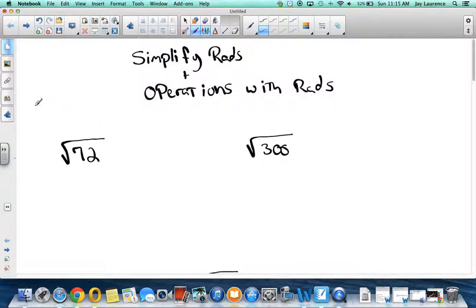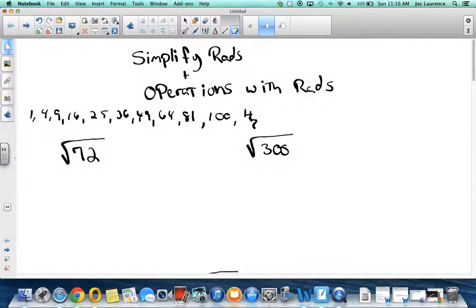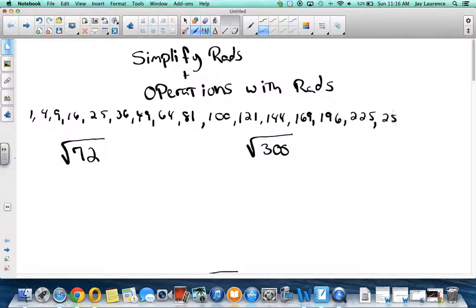factors. Now, if you know your perfect squares, and I know some of you do, 1, 4, 9, 16, 25, 36, 49, 64, 81, 100, 121, 144, 169, 196, 225, 256, 289, 324 for 18, 361 for 19, and 400 for 20.